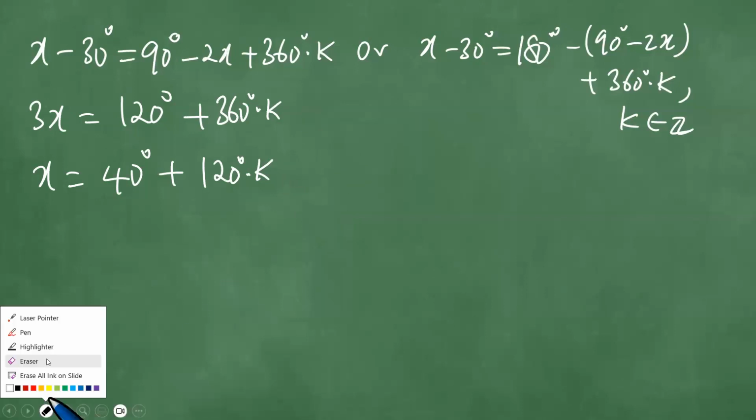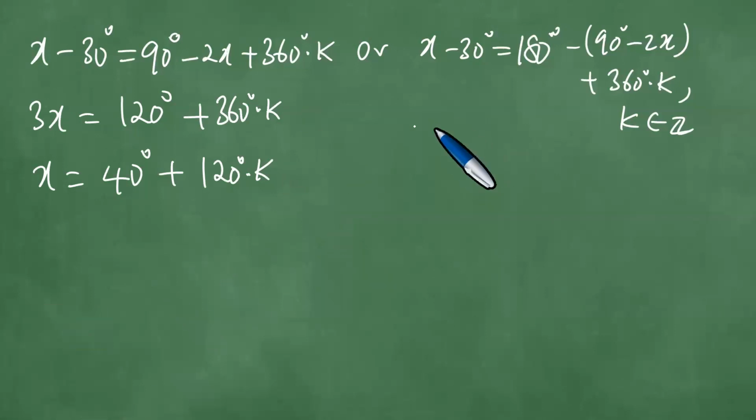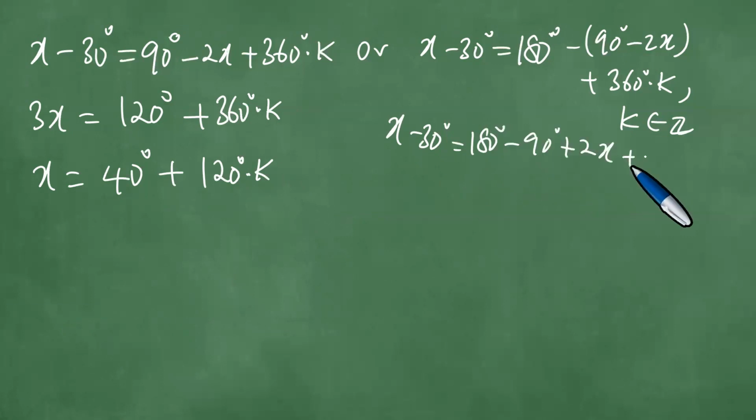Okay, so we also have x minus 30 degrees equal to 180 degrees minus (90 degrees plus 2x) plus 360 degrees times k, k in Z. Right, so you have the 2x here, you bring it across. x minus 2x becomes minus x.